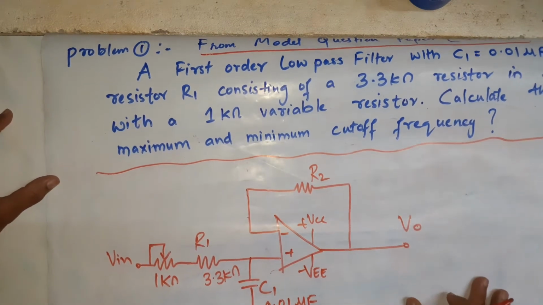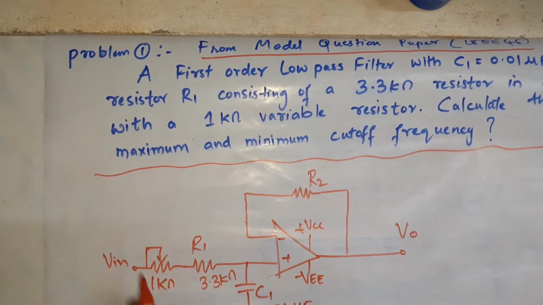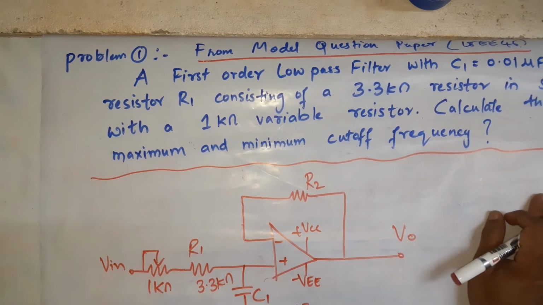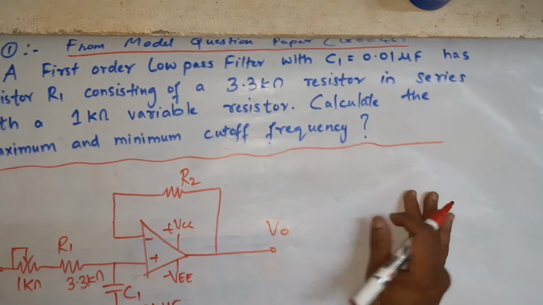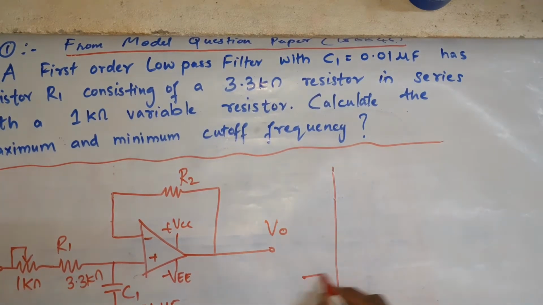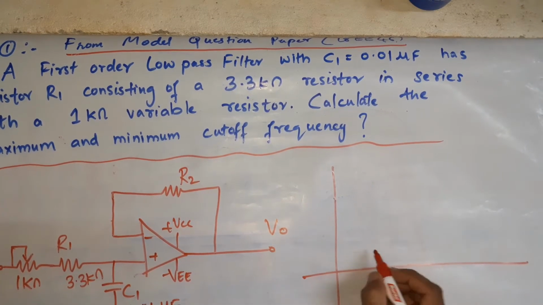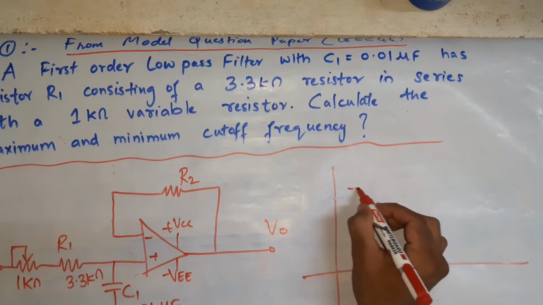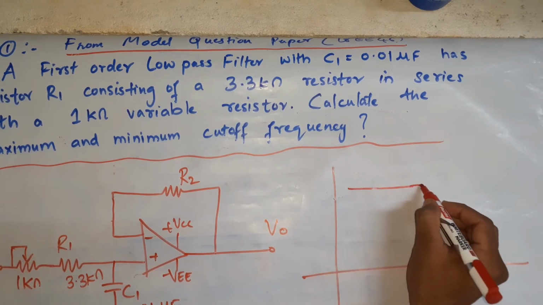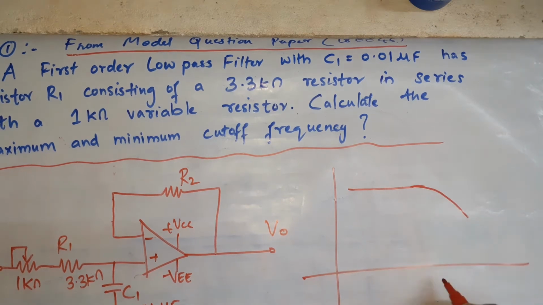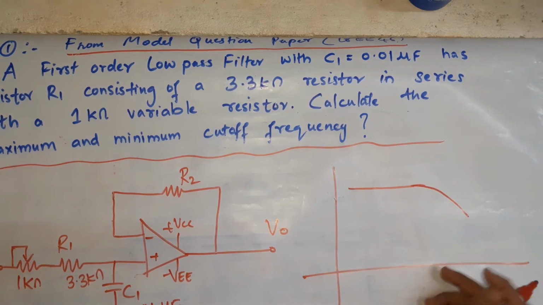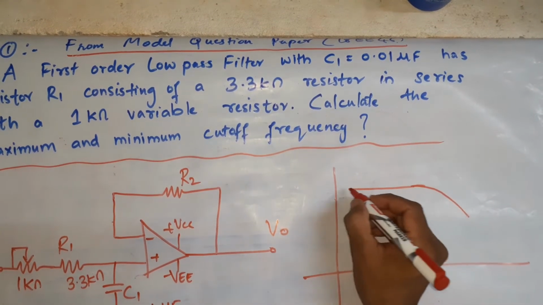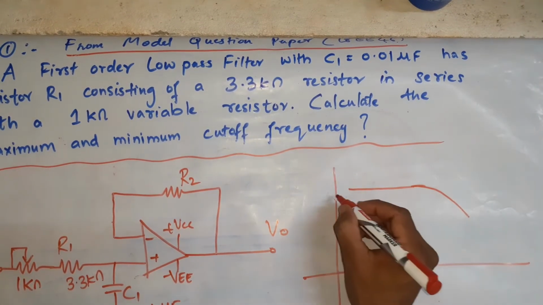So this is the slight modification for your circuit. You know this is a low pass filter. Low pass filter means all the low will be passed, high will be blocked.